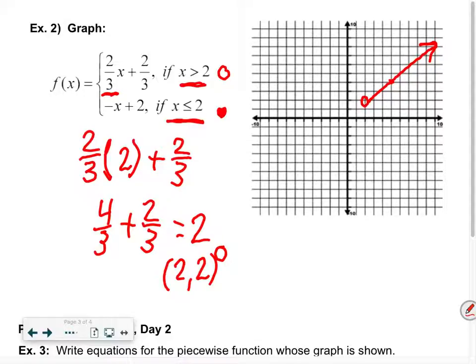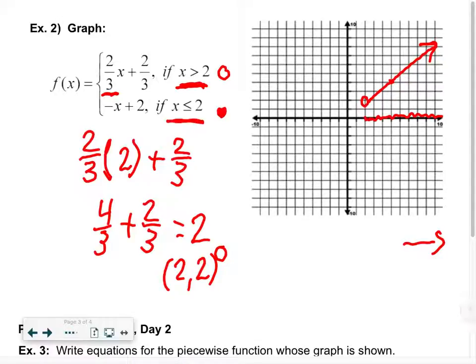How do I know that it goes to the right? Because my x is bigger than 2. All of these x values here, like 10, are bigger than 2. That's how I know if I want my line to go left or right.